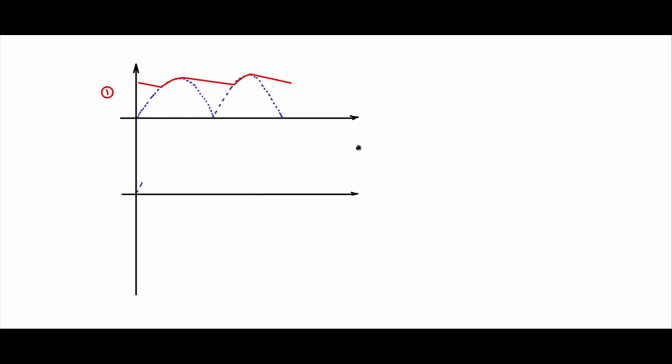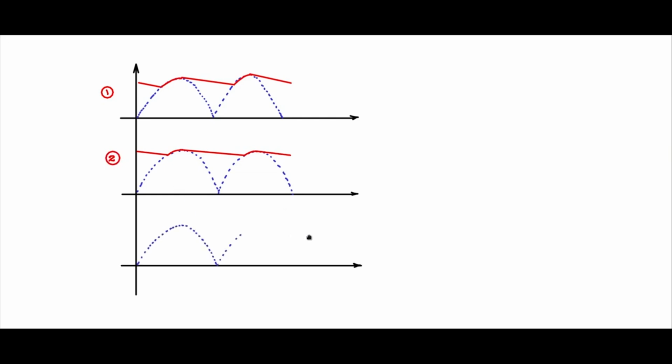Now case 2, again let me have the input voltage wave shape, and let me consider the output voltage ripple in this fashion. This is a slightly lesser ripple than this case, and call that case 2. And the third case, I would like to give more ripple than the previous two, and let us say that the output ripple is in this fashion, larger ripple.